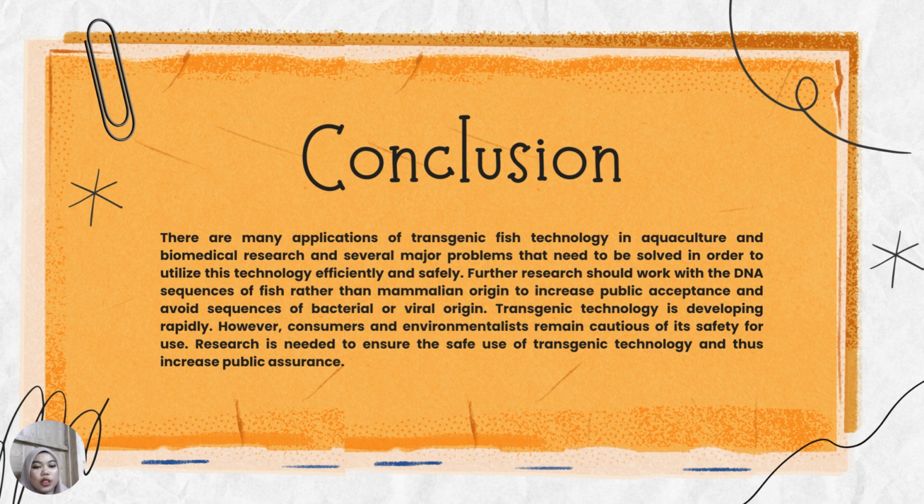Transgenic technology is developing rapidly. However, consumers and environmentalists remain cautious of its safety for use. Research is needed to ensure the safe use of transgenic technology and thus increase public assurance.